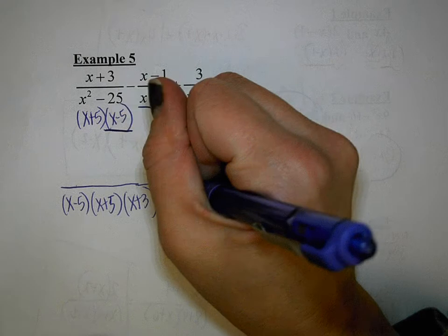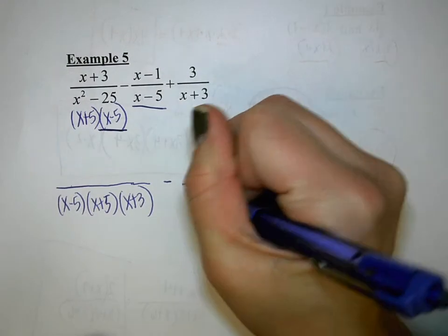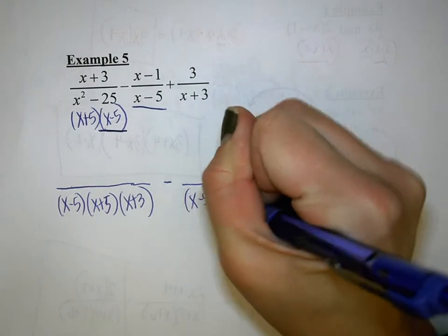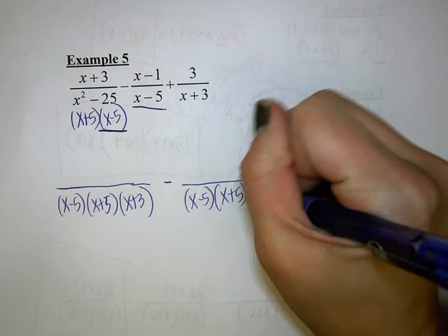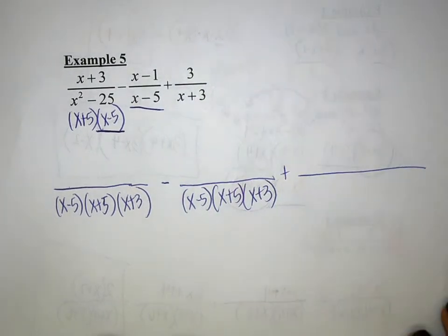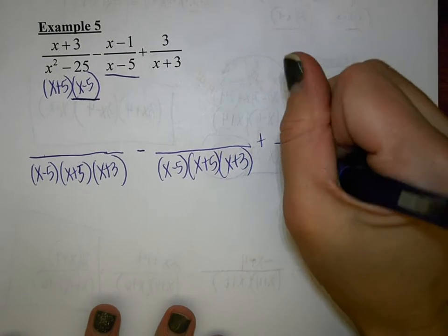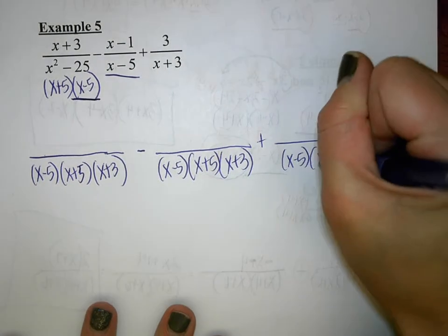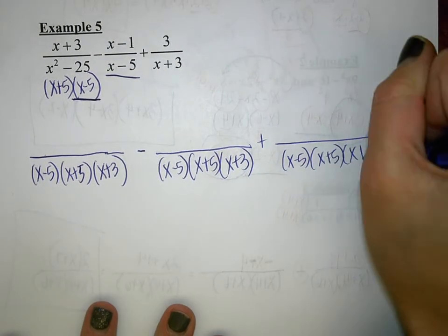Okay, so then we have minus, and I'm going to write each of these 3 times. So we have x minus 5, x plus 5, x plus 3. And then our last fraction. Okay.